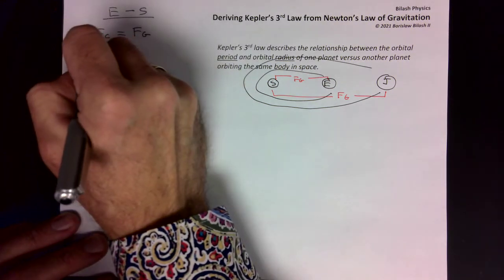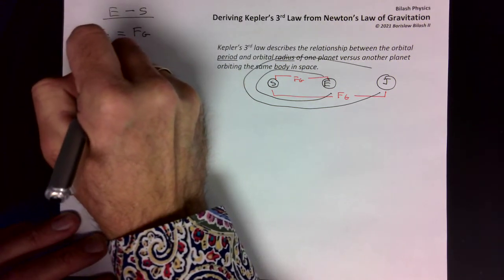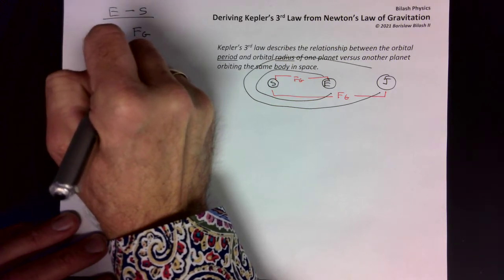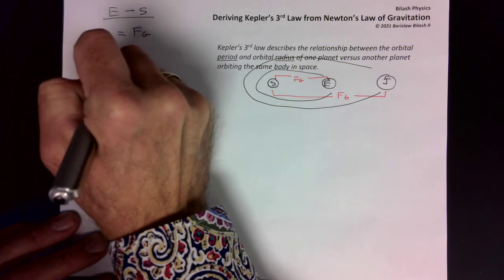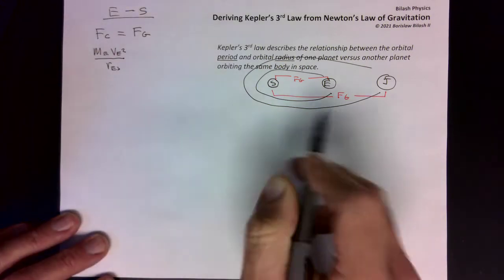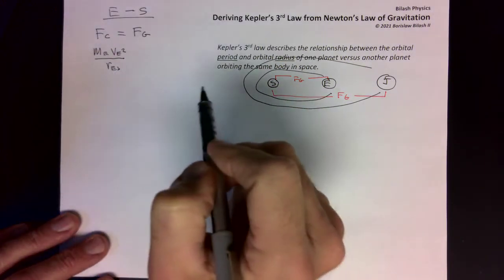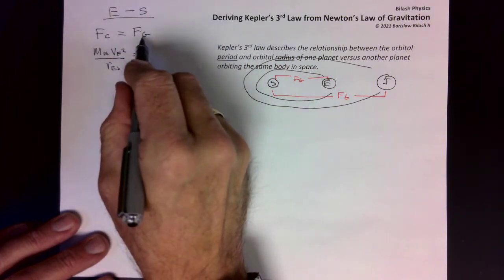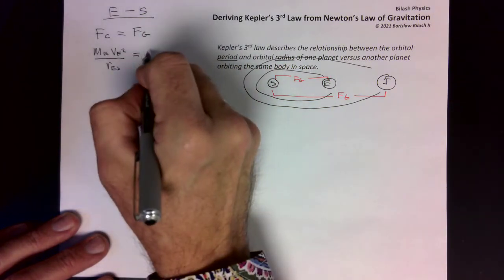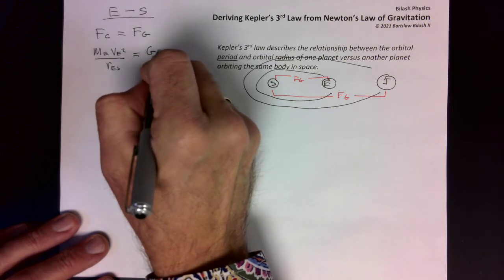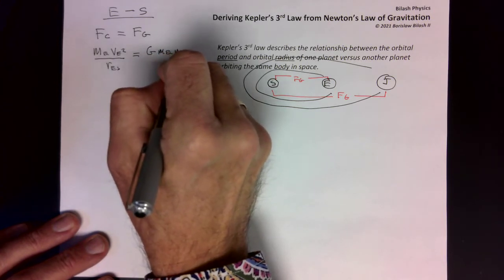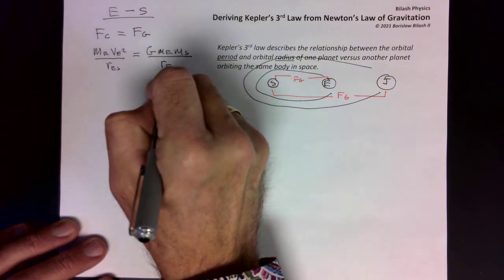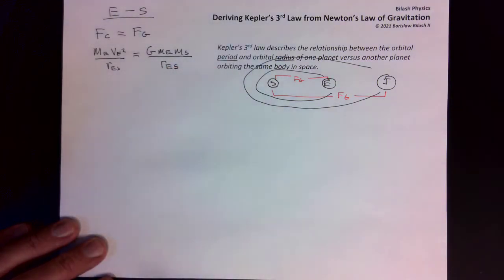The centripetal force is equal to the mass of the Earth times the velocity of the Earth squared divided by the radius, the distance between the Earth and the Sun, RES. And that is equal to the force of gravity, which is G times the mass of the Earth times the mass of the Sun, divided by the distance between the Earth and the Sun, squared.